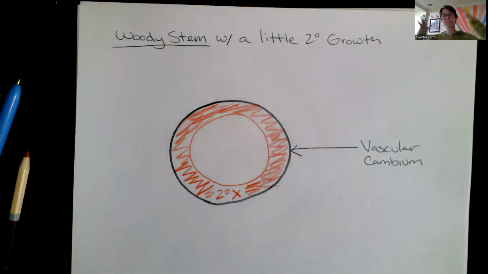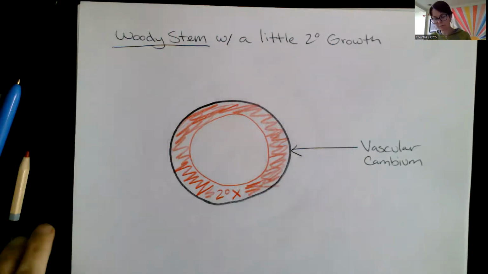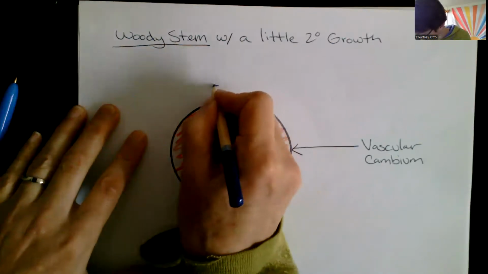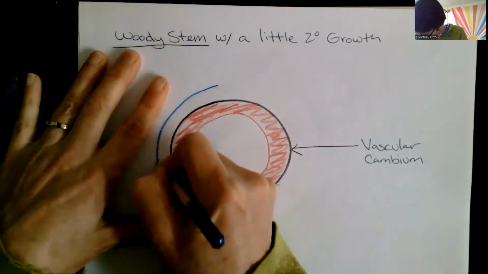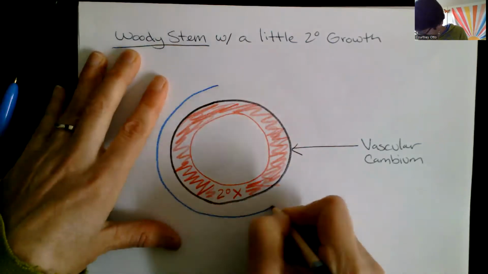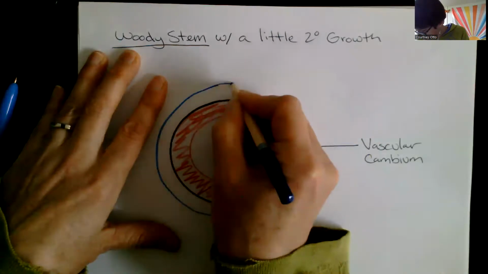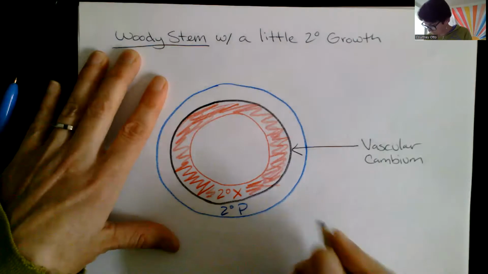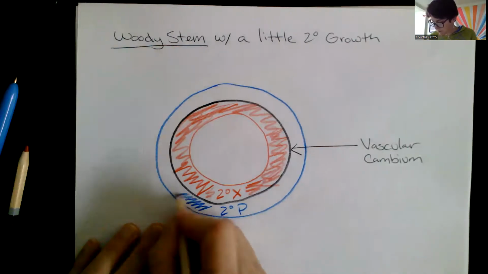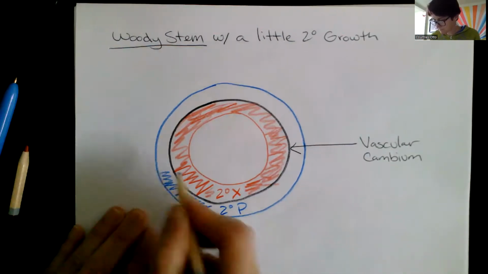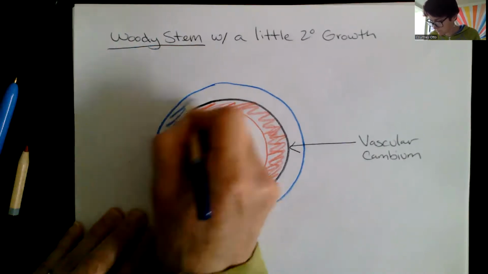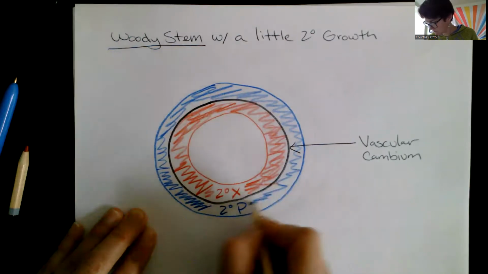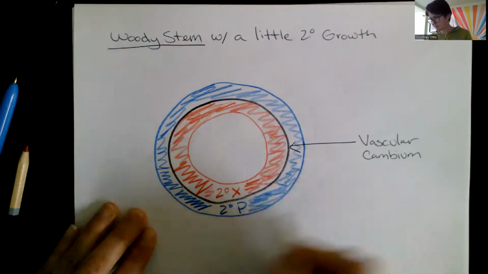Remember, when our vascular cambium divides to the outside of that ring, secondary phloem is going to get produced. So I'm going to add a layer of that. It's going to be that secondary phloem, right on the outside of that vascular cambium.